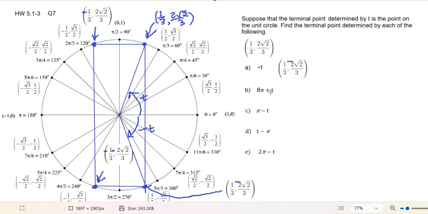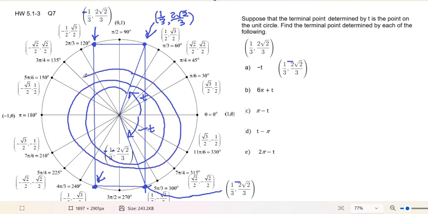6 pi plus t. Okay, so t starts right here, and then 6 pi is 3 times 2 pi. That's 3 revolutions. So we're going to go t, and then we're going to go plus 2 pi, plus 4 pi, plus 6 pi.